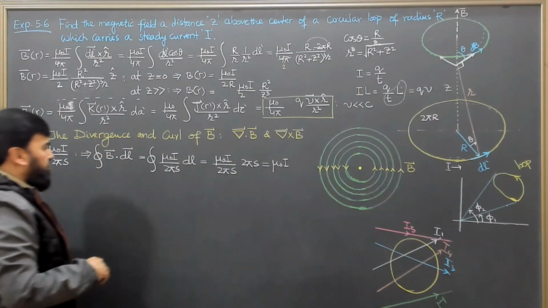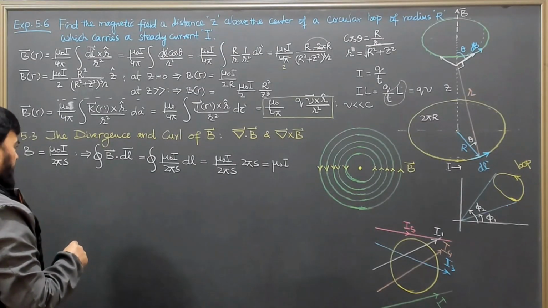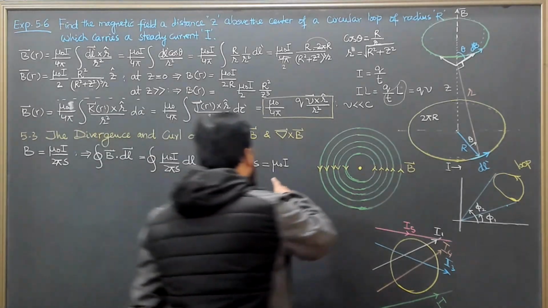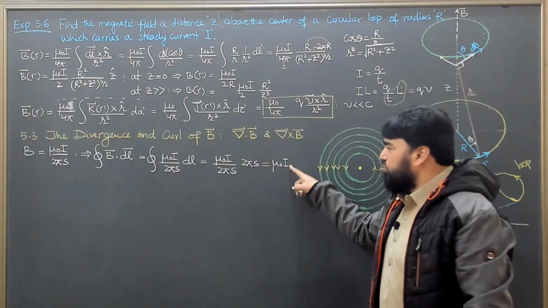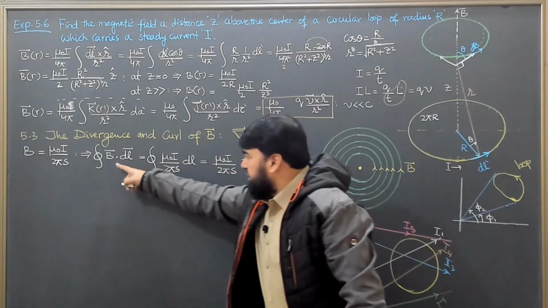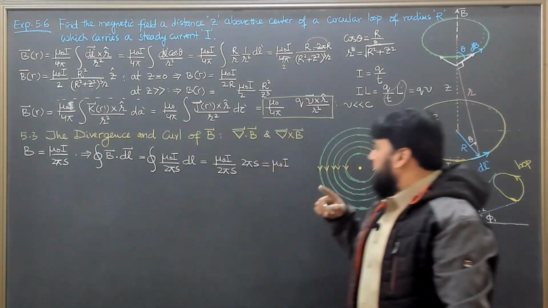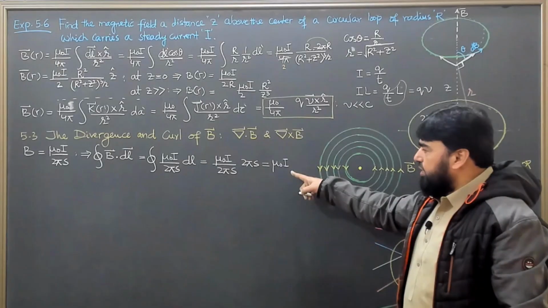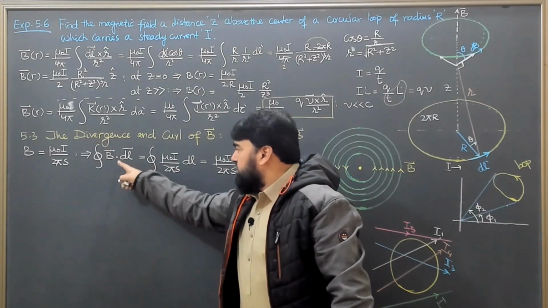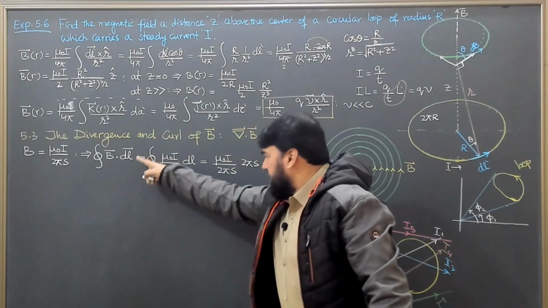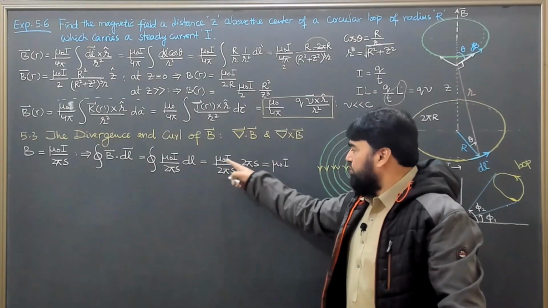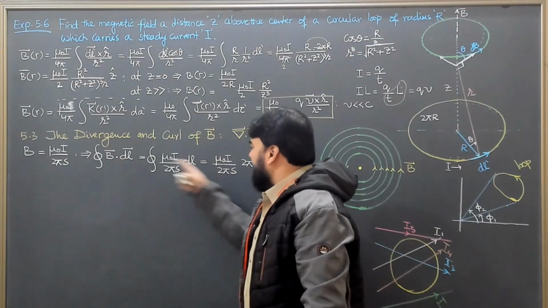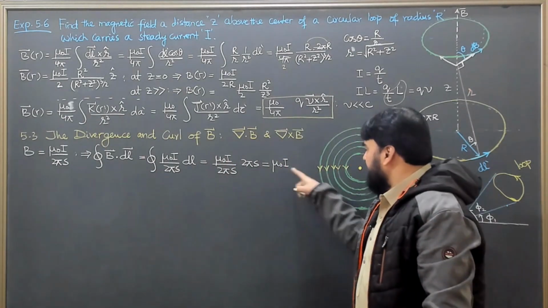So this is a very astonishing result in the sense that it comes out to be independent of s. B dot dl around a closed path comes out to be mu naught I, independent of s. If I do it dimensionally, B times dl gives you length, and that length comes here, so it is again mu naught I over s, the same magnetic field.